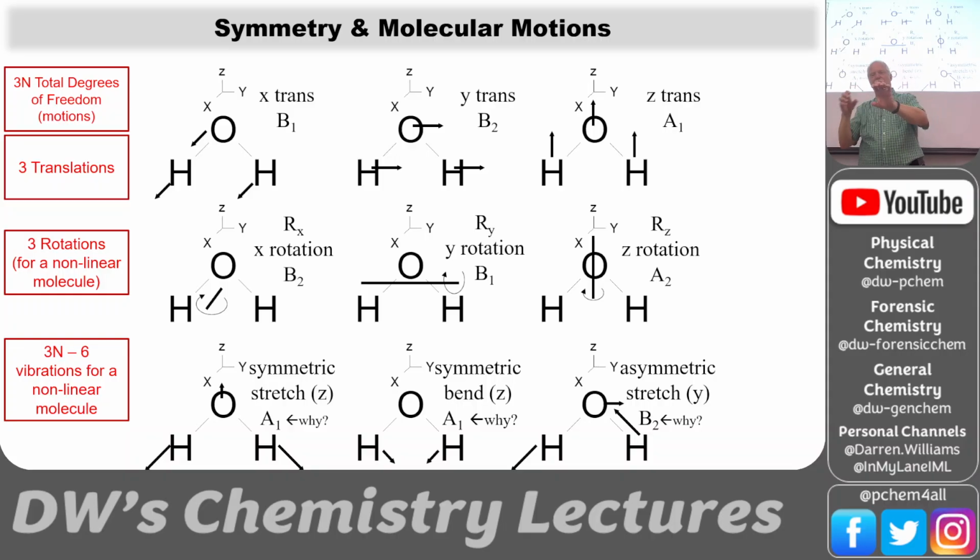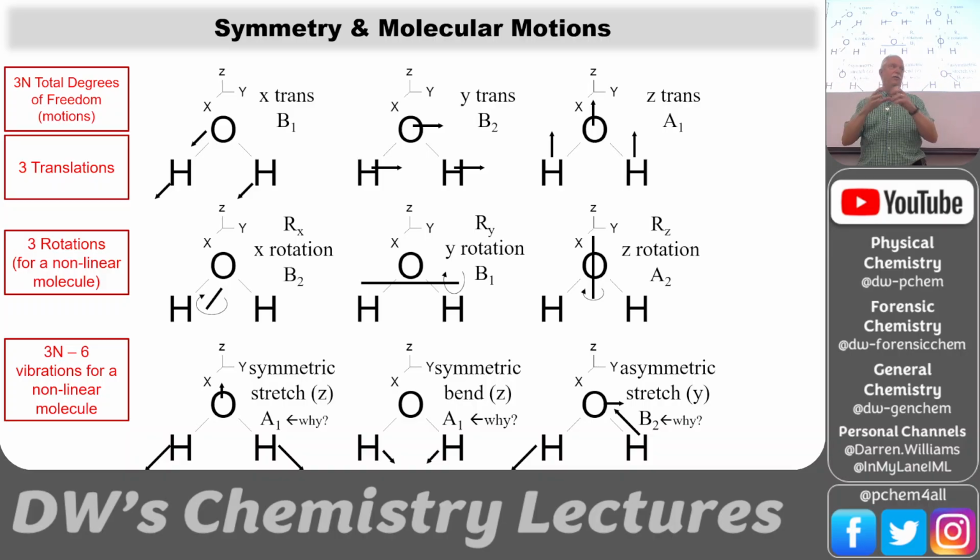They could pull on an OH and let it vibrate, and you could never vibrate one of these OHs without vibrating the other one, because they're 2 springs connected to a center mass, and so they act in concert with each other. But you can still count them that way. If you have 2 OH bonds, you're going to have 2 OH stretches. And if you have 1 angle, you're going to have 1 bend. So it's very easy to count up the number of types of vibrations.